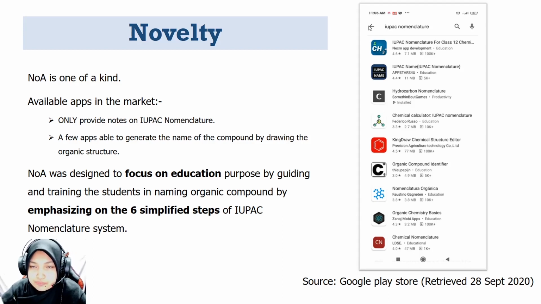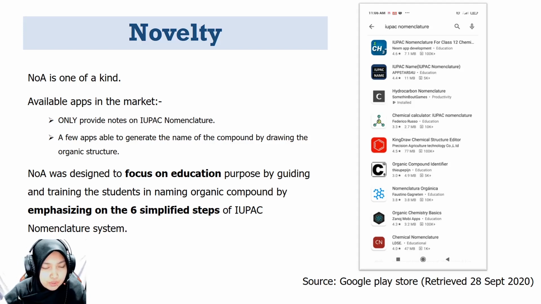We searched for IUPAC nomenclature and can see that the first two applications, IUPAC Nomenclature and IUPAC Name, only provide notes on IUPAC nomenclature, whereas Hydrocarbon Nomenclature, King Draw Chemical Structure and Organic Compound only generate the name of a compound by drawing the organic structure, while the Chemical Calculator can be used to calculate the molecular weight of the chemical structure.